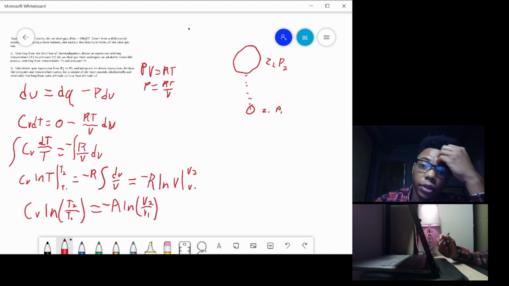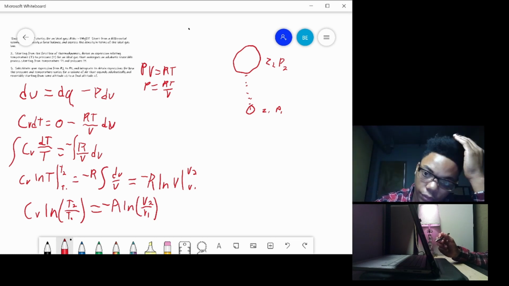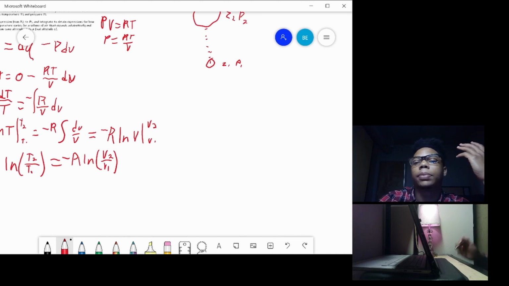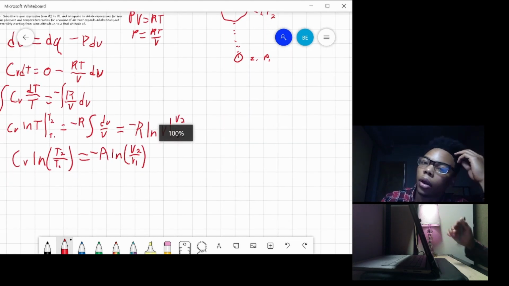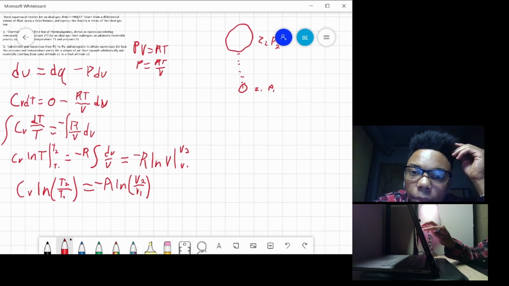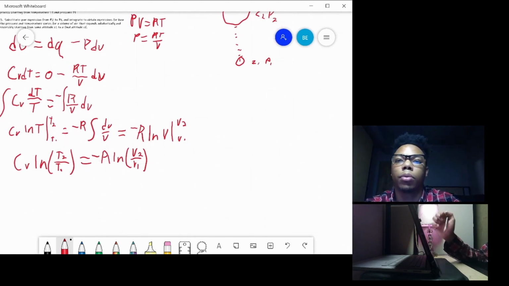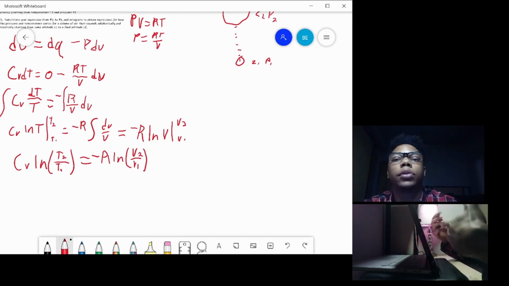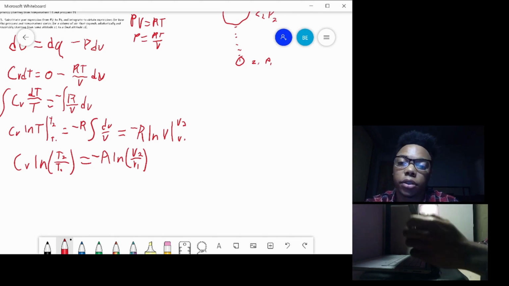Except there's going to be a special case here where we realize that we don't want this expression in terms of volume. We are trying to get it in terms of pressure 1 and temperature 1. So we're going to come back here, and now that we've derived it with respect to volume, we're going to put it back into our pressure.